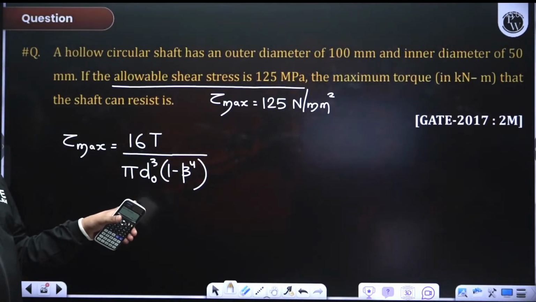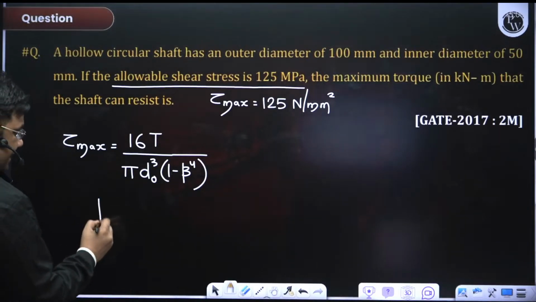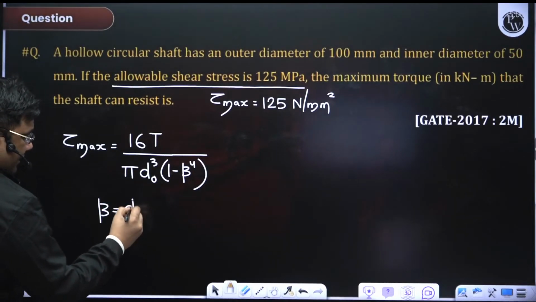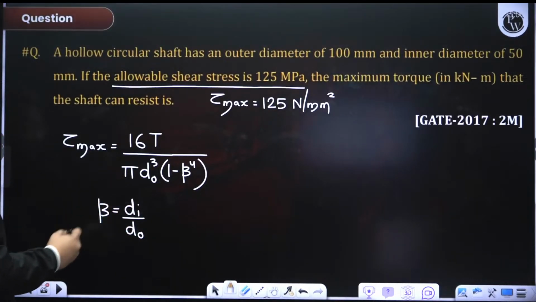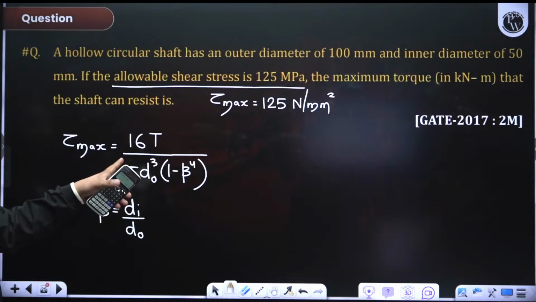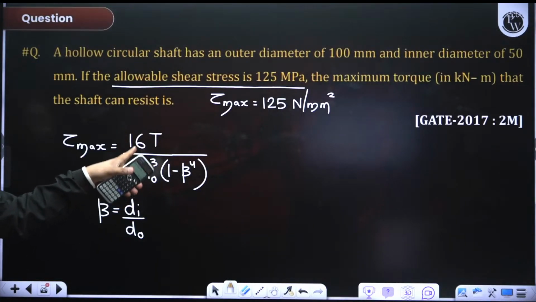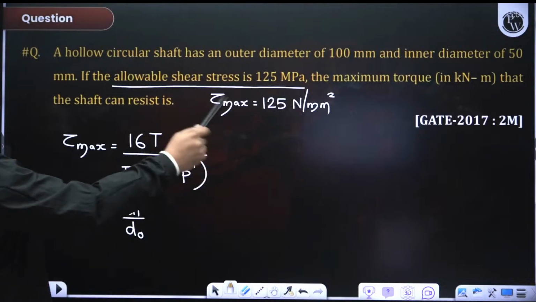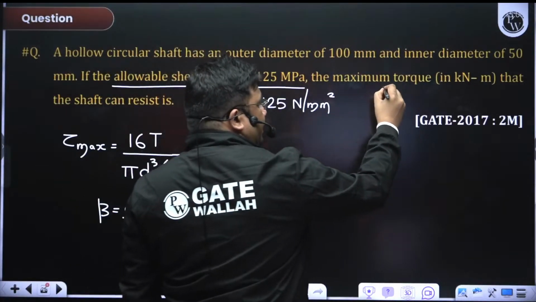Where d naught is the external or outer diameter, and beta is the ratio of inner diameter and outer diameter. Yes, this is the formula for maximum shear stress in hollow shafts. Now use this, and what is it? The maximum torque that the shaft can resist. Indirectly they're asking you to find out the T.